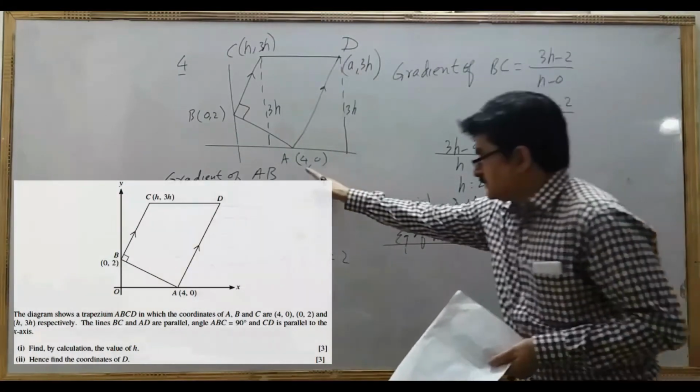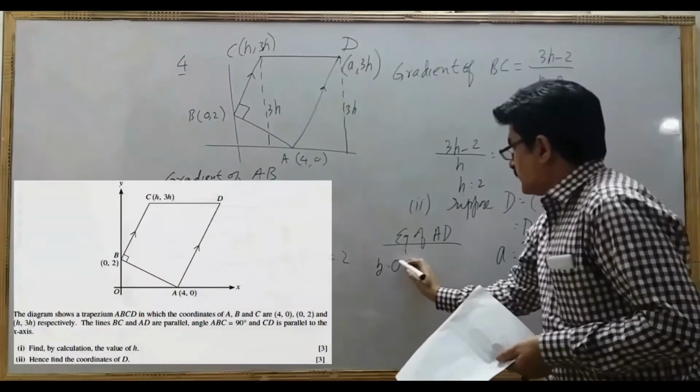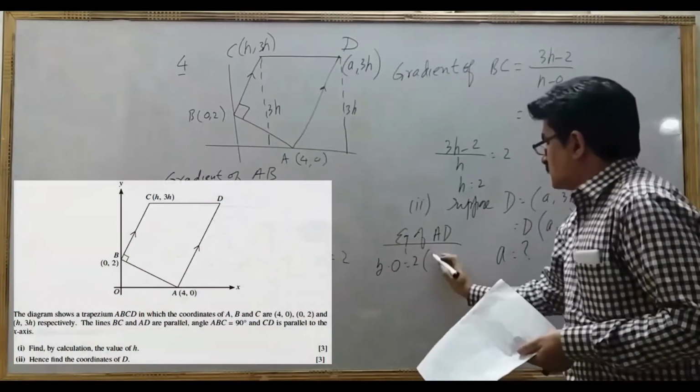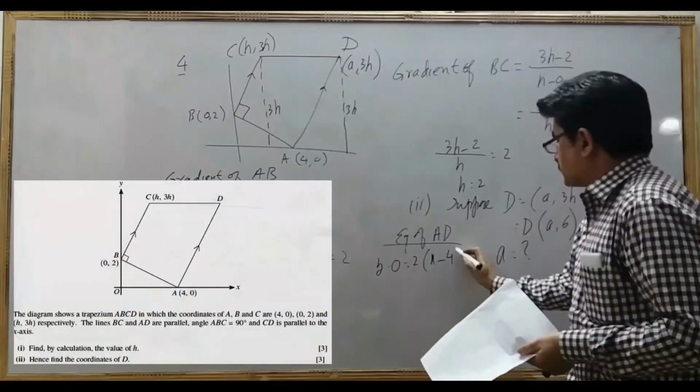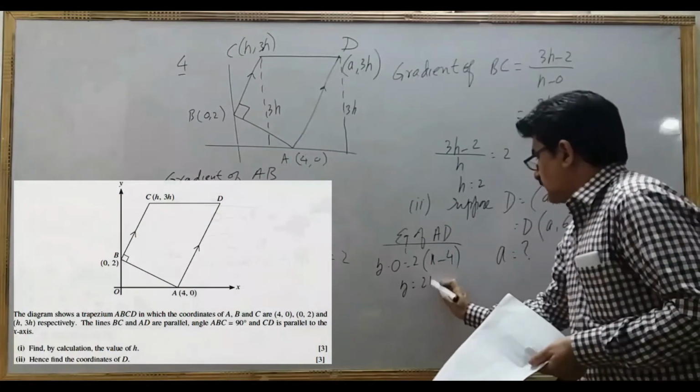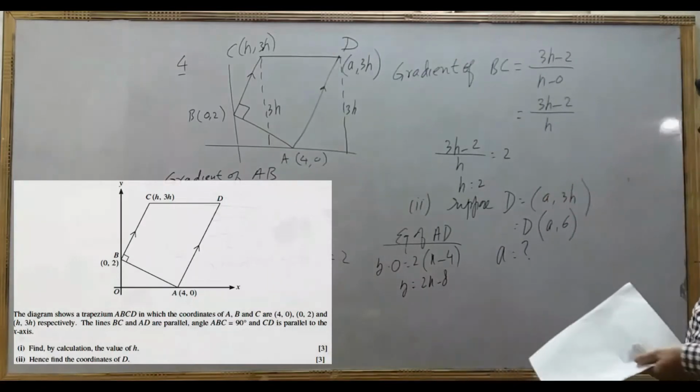Equation of AD using this point will be y minus y1, meaning y minus 0, equal to gradient 2 times x minus x1. This is the idea of parallel lines. From here y is equal to 2x minus 8.